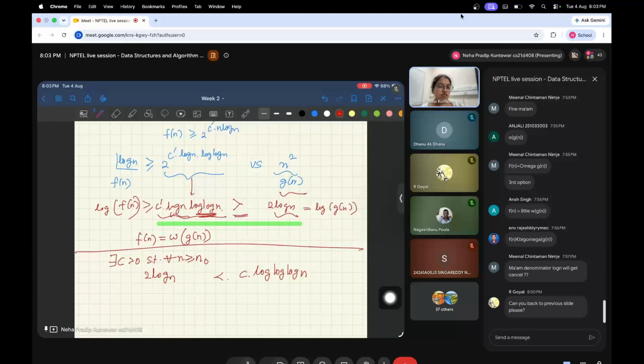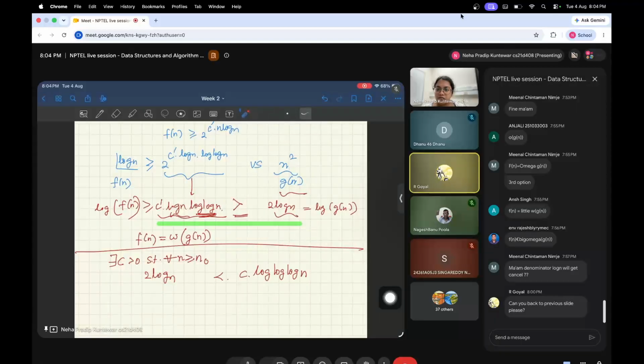I'm not sure about it now because I can read the same thing with this quantifier, but with the inequality reversed, right? So this reverse thing will work.